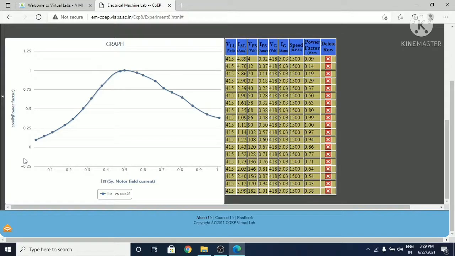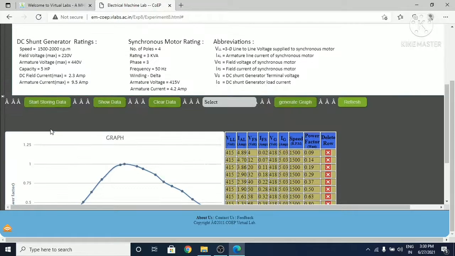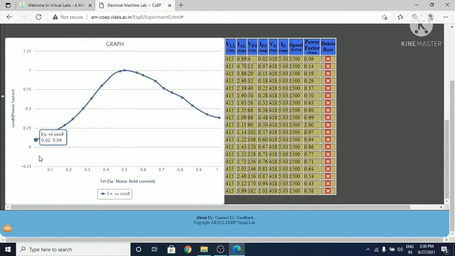From 0 to the unity power factor, the synchronous motor operates under the lagging power factor, here and in the no load case also. Once it reaches the unity power factor, after that the synchronous motor operates under the leading power factor.